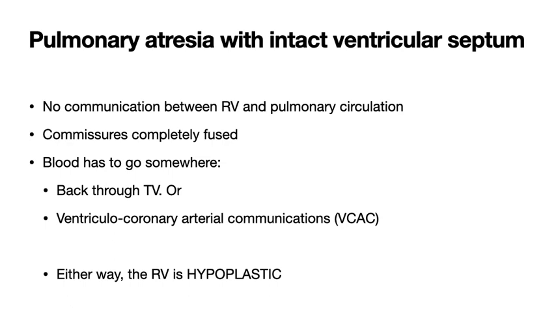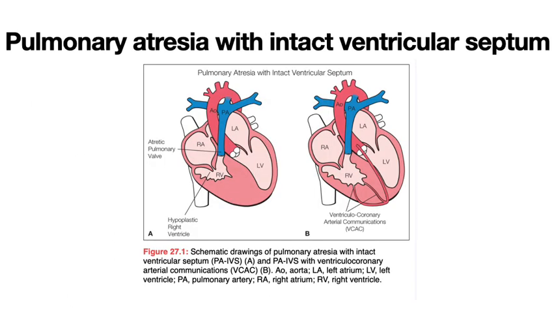But in either case, the right ventricle is small. And you can see over at this diagram, you've got a very small chamber or lumen, a very thick wall, and in one case, there are these ventricular-coronary artery communications, meaning they kind of blast through the wall, hook up to the ventricle, and they get to the aorta that route.